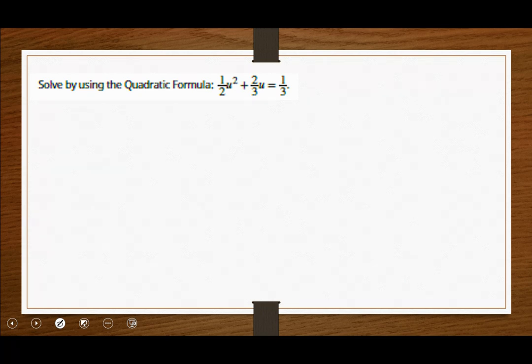Here's one last example. What's making this problem difficult is probably the anxiety around all the fractions. First, let's start by setting this equal to 0. Again, we need to identify our a, b, and c terms so that we can plug them into our formula.